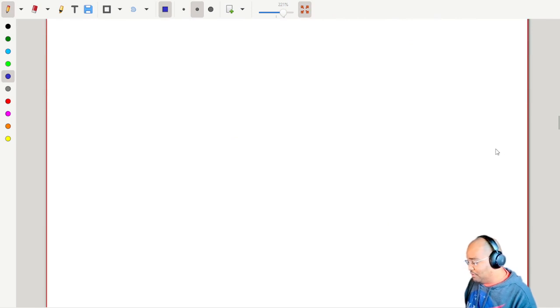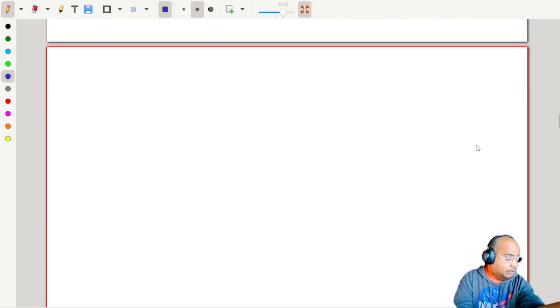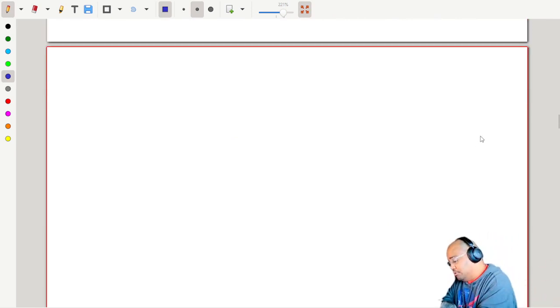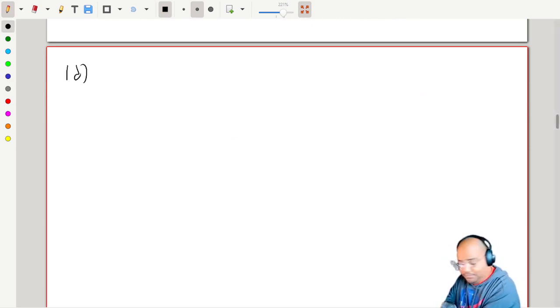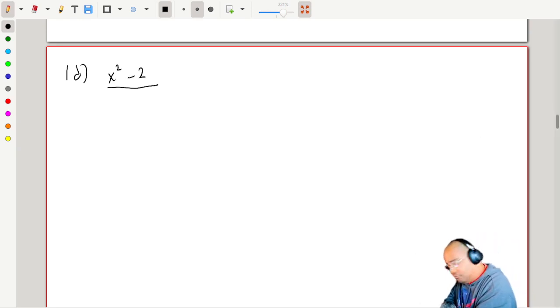We got one more. Okay, this was the one where we had some quadratics in there. So for this last one, we wanted to look at x squared minus 2 over x times x squared plus 2.